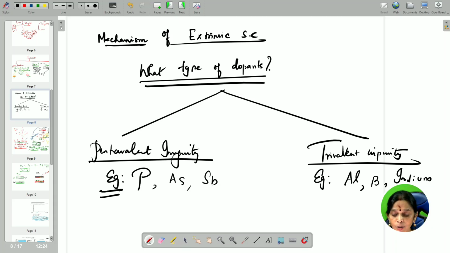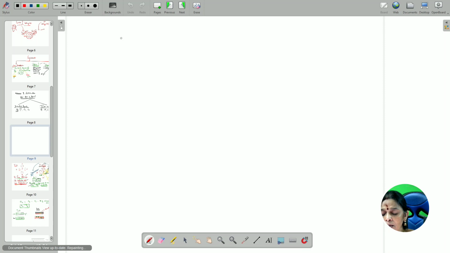Now, why do we choose only pentavalent and trivalent impurities? You may be asking, why not choose any other impurity? Silicon is tetravalent, 4 valency, but why do we want to choose that? So now let us see. For selecting the impurities, these are the characteristics of dopants.